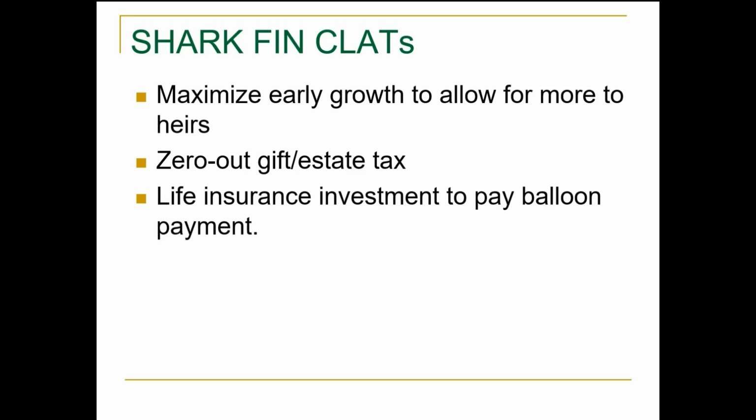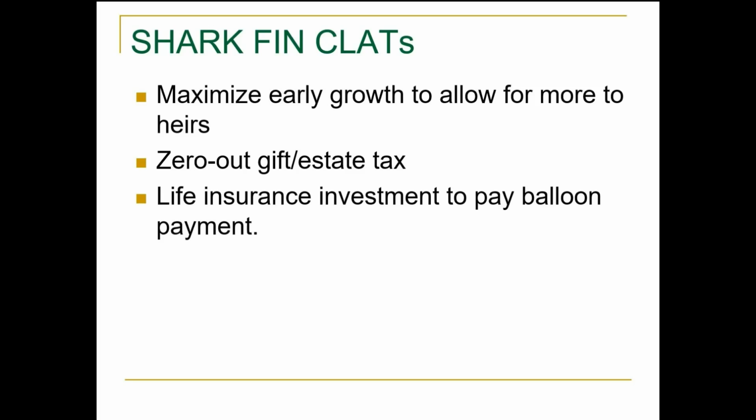One of the other reasons this is an attractive planning opportunity is that by using the shark fin approach, you're maximizing the early growth to allow for more to the heir. In other words, if we're having a smaller payout to charity, of course, that allows those assets to increase. Also, because we have the flexibility, we can essentially zero out the gift.